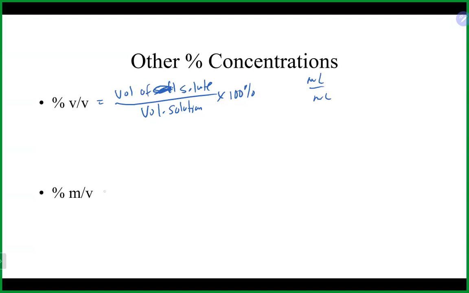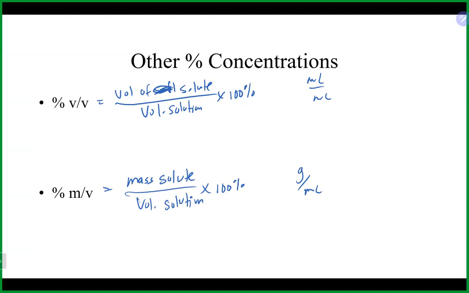The percent mass to volume is kind of like density, is the mass of the solute divided by the volume of solution times 100%. And this is kind of like density, grams over milliliters.